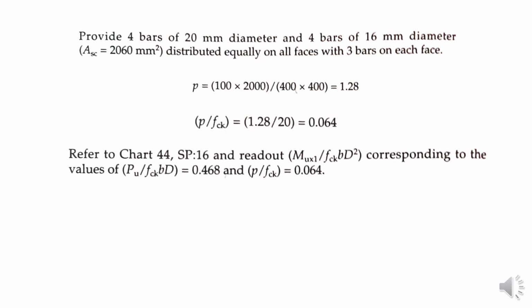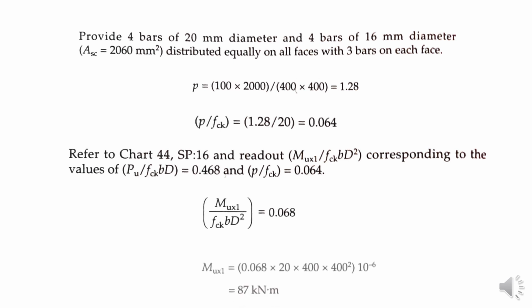From the chart, once again we refer to the p by fck value and Mu divided by fck B D square, using this percentage of steel. For p by fck value 0.064, we get Mux1 divided by fck B D square equal to 0.068.